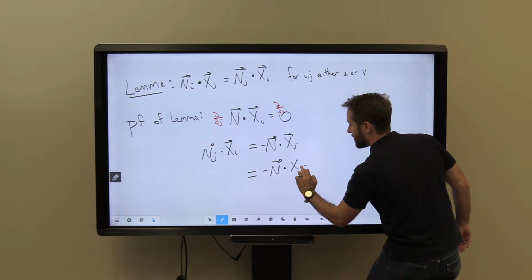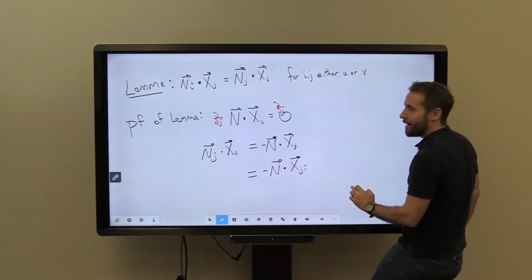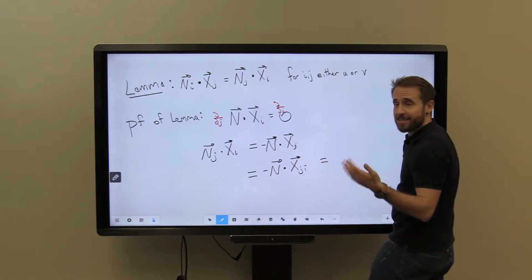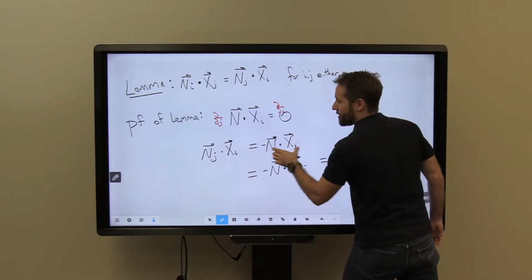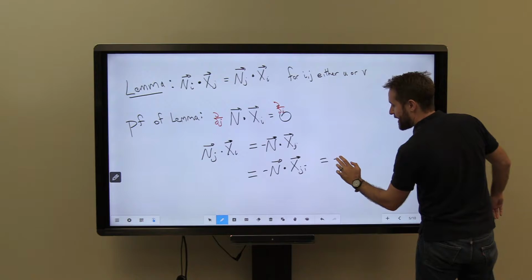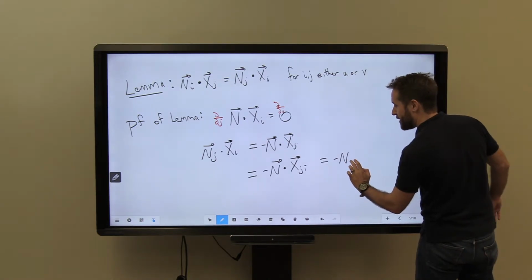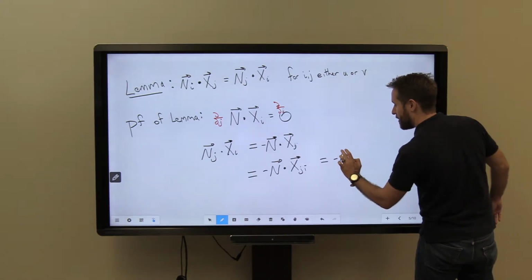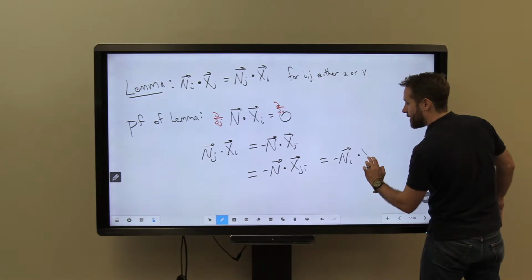I can change the order of differentiation, and for the exact same reason that these two things are equal, I can say that this expression is equal to negative n sub i dotted with x sub j.